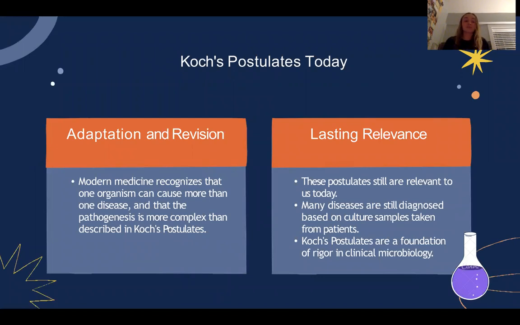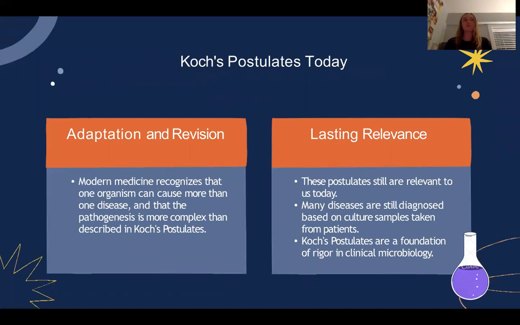In terms of adaptation and revision, modern medicine recognizes that one organism can cause more than one disease and that the pathogenesis is much more complex than what we learned from Koch's postulates. This being said, these postulates are still relevant to us today. Many diseases are still diagnosed based on culture samples taken from patients, and Koch's postulates have a foundation of rigor in clinical microbiology.